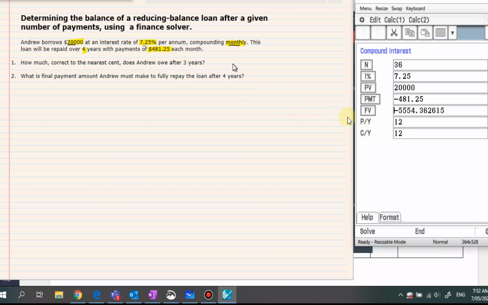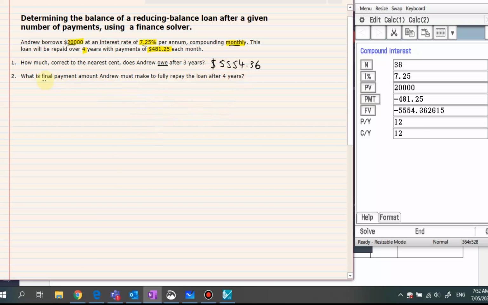So after 3 years, Andrew owes $5,554.36. We don't need to put the negative in our response here, because the question was asking us what he owes, so that's what he owes. So don't put a negative in there.